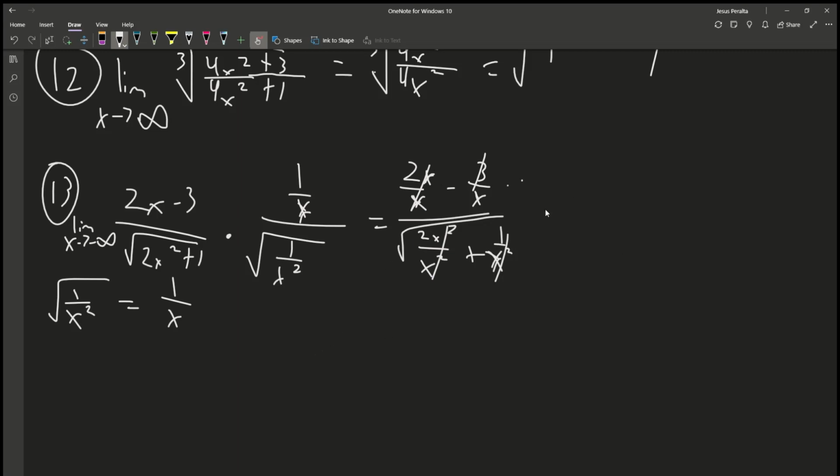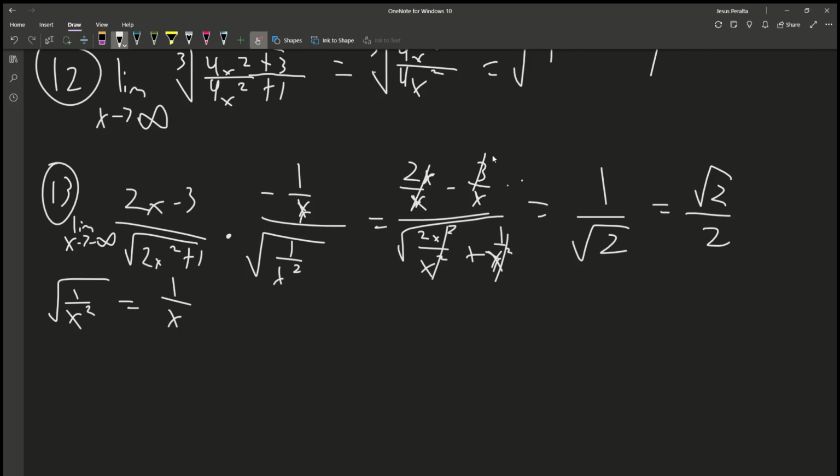So we then have 1 over the square root of 2. You multiply top and bottom by square root of 2, so then it's going to be 2 over square root of 2, if I'm not mistaken, for number 13. Oh, that's what I forgot.